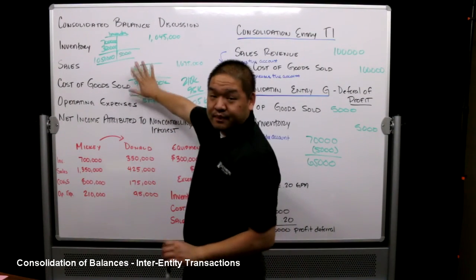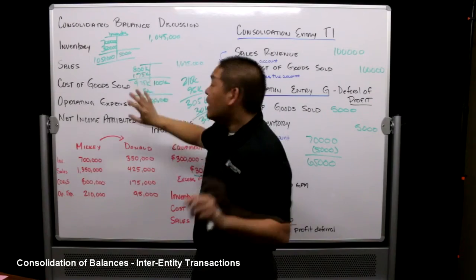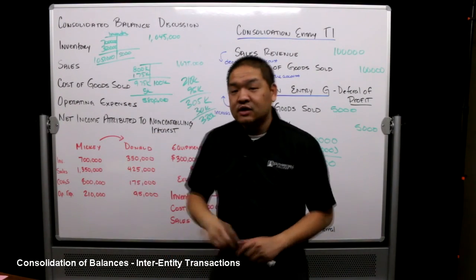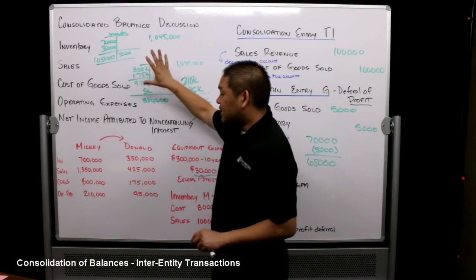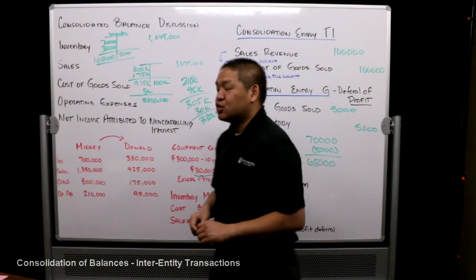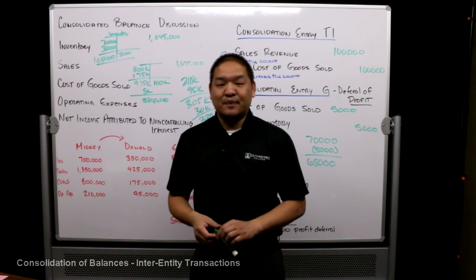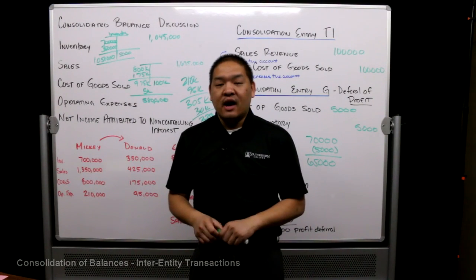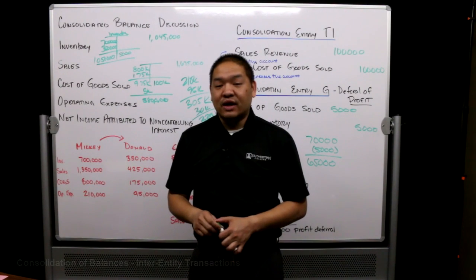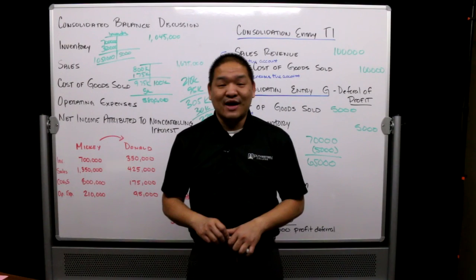Nothing changes here even when Mickey owns less of Donald, okay? So nothing changes here in particular, but things will change here when we talk about net income attributed to that non-controlling interest. All right, so hopefully you understand that, and we'll see you in the next video when we talk about that one account, the net income attributed to non-controlling interest.